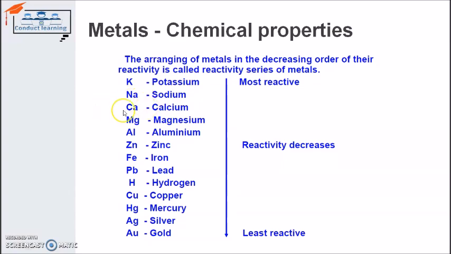Calcium is less reactive than sodium, magnesium is less than calcium, aluminium next to it. This we also checked with the HCl solution or acid solution. Then magnesium comes first, aluminium after that, then zinc, and iron after that. So magnesium is more reactive than aluminium, zinc, and iron. Aluminium is more reactive than zinc and iron. Zinc is more reactive than iron.